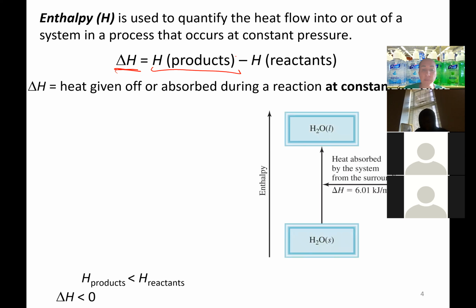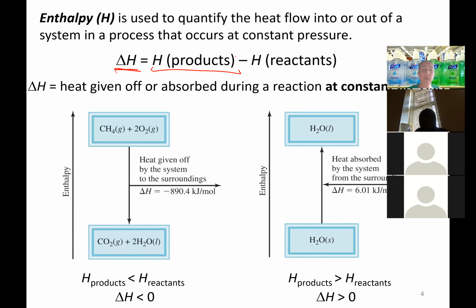Okay, so this is in your book, but the way you read it is on the left-hand side. This is just another way of telling you what I just mentioned. On the left-hand side, the reaction starts here and goes down this way. Look what it is, it's a combustion. A combustion is an exothermic process.